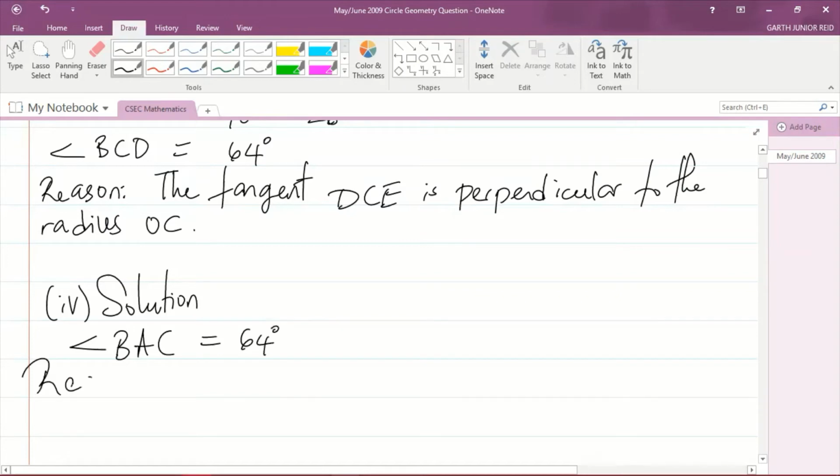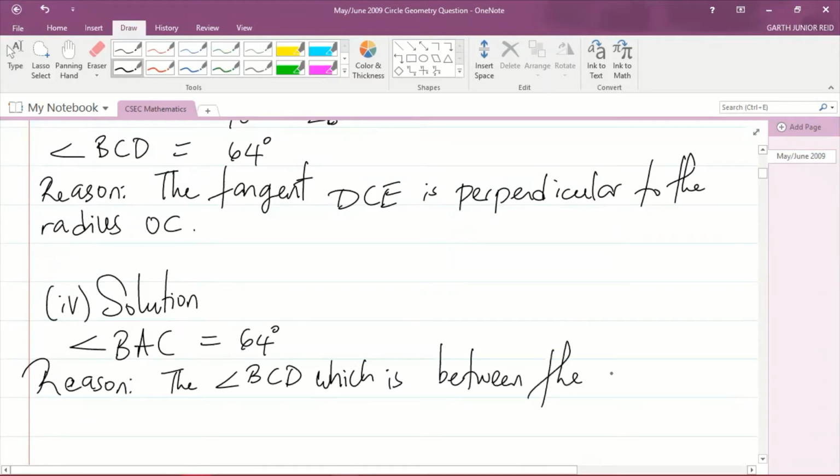And the reason is that the angle BCD, the angle BCD, which is between the tangent, the tangent was DCE, and the chord, which was BC.